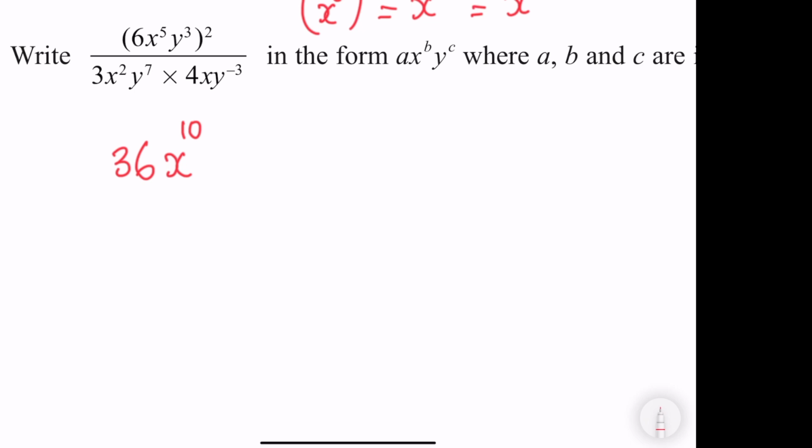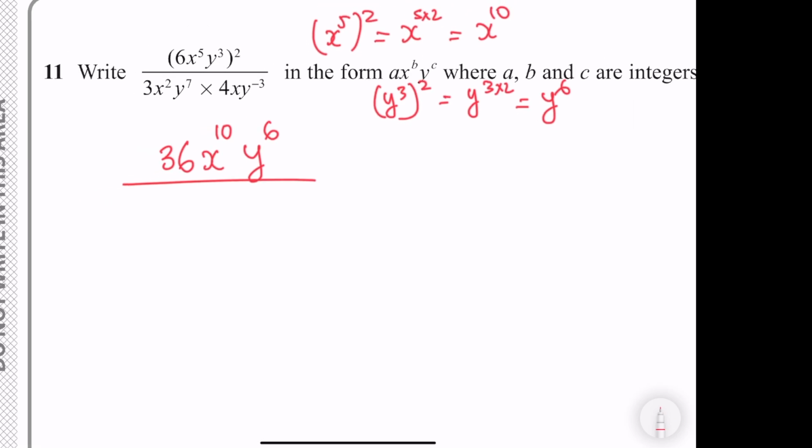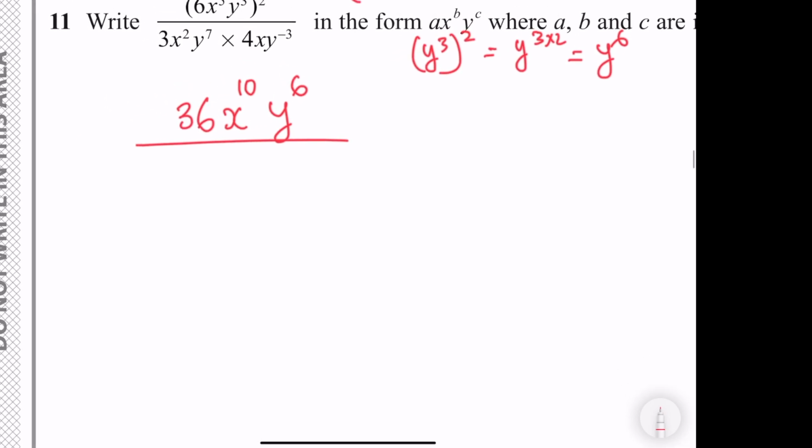And the same, y to the power of 3, and then power 2 is y to the power of 3 times 2. This is the rule, yeah? Is y to the power of 6. The denominator now, you have to multiply the number by the number.